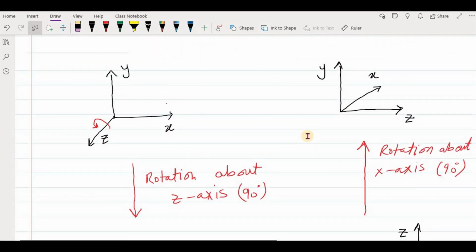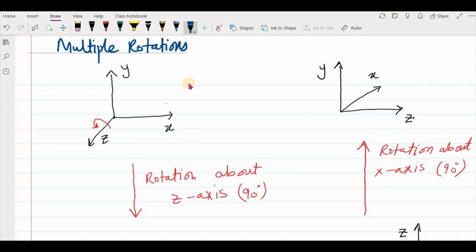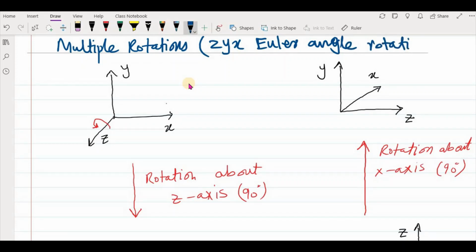And let's also write down here on the top: multiple rotations, and in this particular case we have a z, y, x Euler angle rotation.